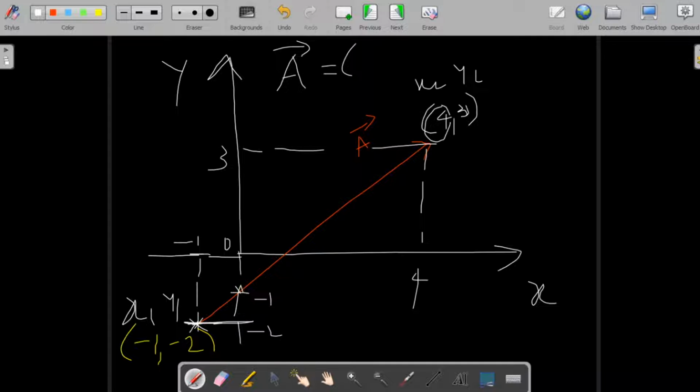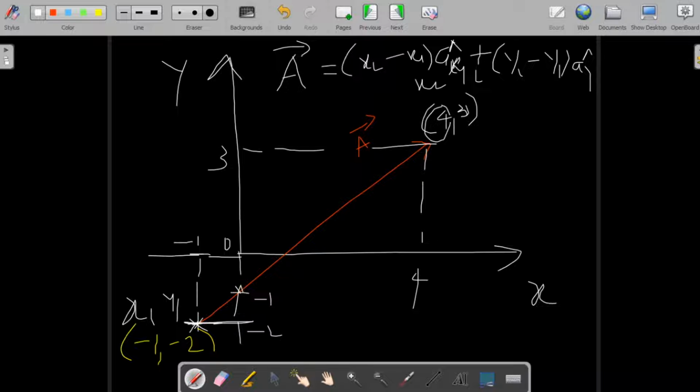So generally I write this as x2 minus x1 in the x direction. We'll discuss what the x cap is that I'm trying to write later, in detail. Don't worry about it now. And y2 minus y1 in the y direction. This is how generally I write it, similar to the distance formula. You find end point minus start point, right?